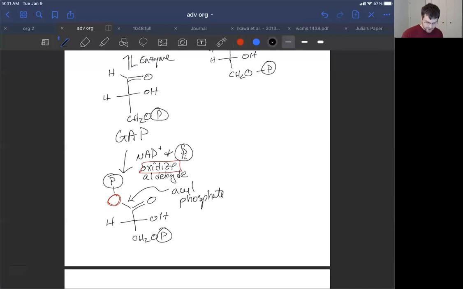We're going to charge an ADP to make our energy-rich ATP, where adenosine diphosphate, remember, is the byproduct after ATP is activated, by consuming the phosphate at this position. It's the reactive acyl phosphate that reacts, and ultimately we end up with the carboxylic acid version of glyceraldehyde 3-phosphate.